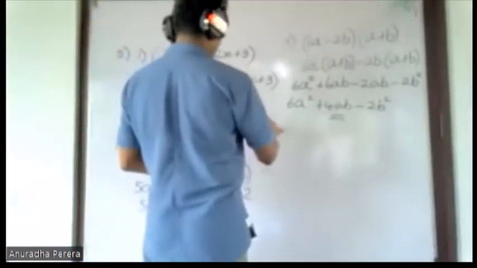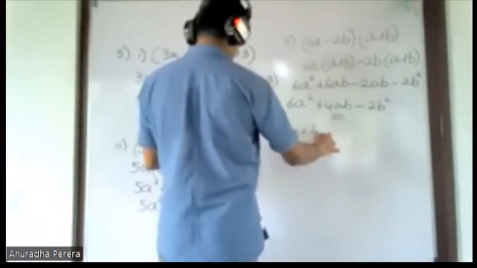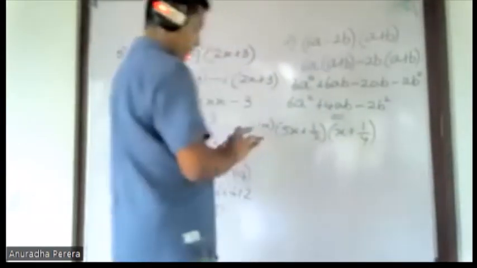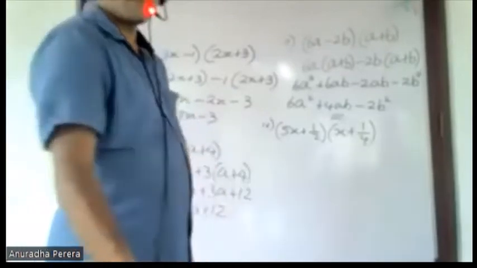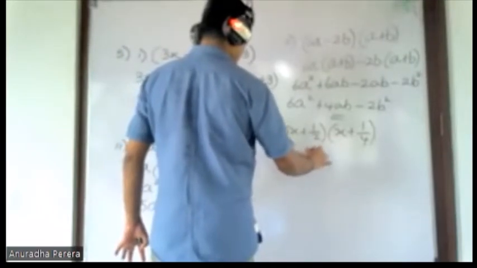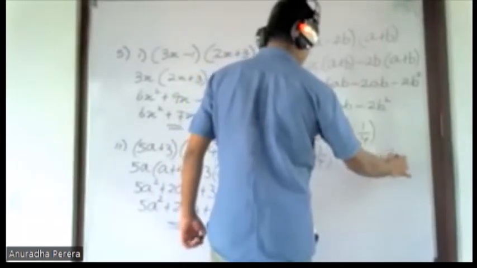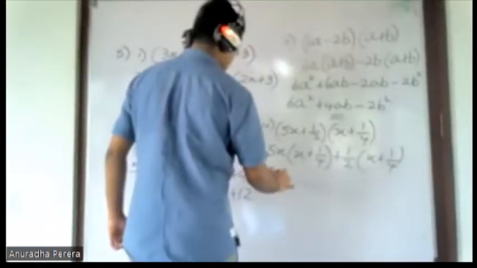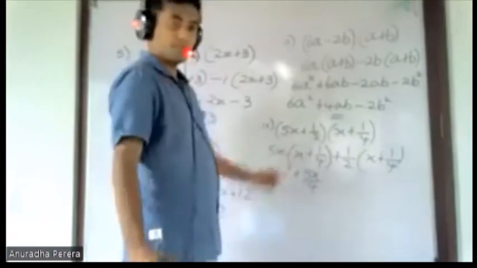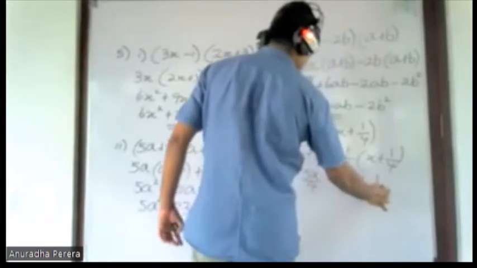The last one, 5x plus half, x plus 1 over 4. 5x times x plus 1 over 4, plus half times x plus 1 over 4. 5x squared plus 5x over 4, plus x over 2 plus 1 over 8.